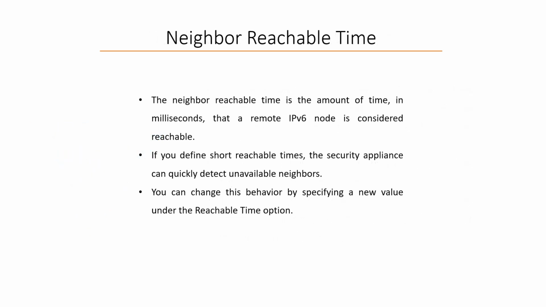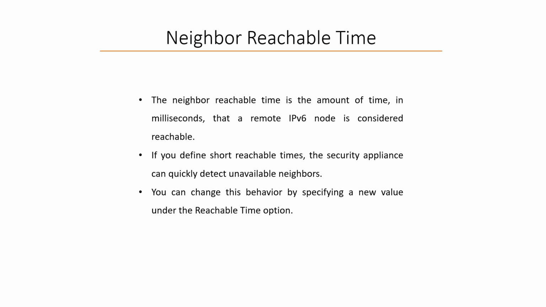Neighbor reachable time. The neighbor reachable time is the amount of time in milliseconds that a remote IP version 6 node is considered reachable. The security appliance can detect unavailable neighbors in an IP version 6 network by using the neighbor reachable time. If you define a short reachable time, the security appliance can quickly detect unavailable neighbors.